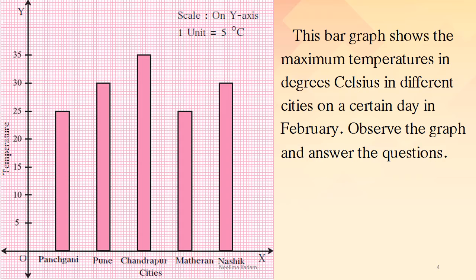No numerical data is given. With the help of this bar graph, we have to answer some questions. Now read the question. This bar graph shows the maximum temperatures in degrees Celsius in different cities on a certain day in February. Observe the graph and answer the questions.